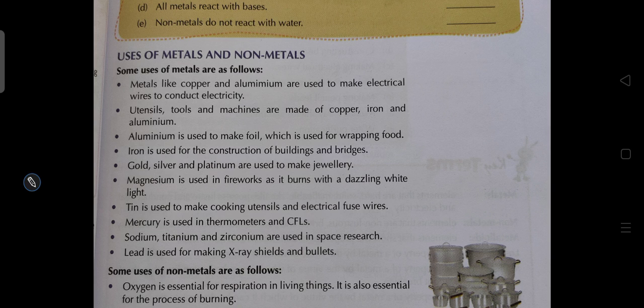Iron is used for the construction of buildings and bridges. Gold, silver and platinum are used for making jewelry and ornaments. Magnesium is used in fireworks as it burns with a dazzling white light. Tin is used to make cooking utensils and electrical fuse wires. Mercury is used in thermometers and CFLs, and sodium, titanium and zirconium are used in space research, and lead is used for making X-ray shields and bullets.